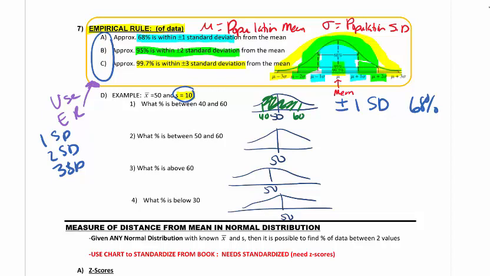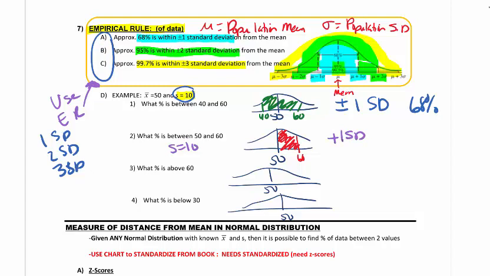So let's look at number 2. Number 2 says between 50 and 60. So I only want that piece. So if I look at the idea again, using my standard deviation is 10, that means I'm going plus 1 standard deviation.